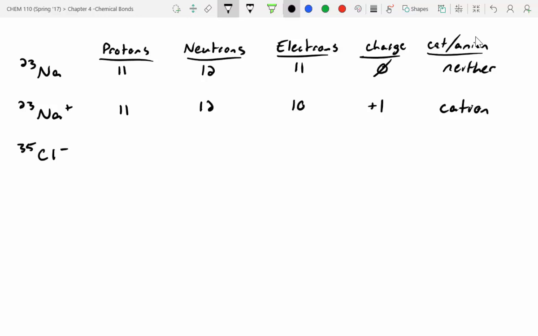How many protons does chlorine normally have, or always have, I should say? 17. How many neutrons? 18. And electrons? 18. It's got 1 extra compared to the protons, so it's 18. This would have a charge of -1, and it would be an anion. So make sure that you're comfortable identifying an anion or a cation if I were to present one to you.